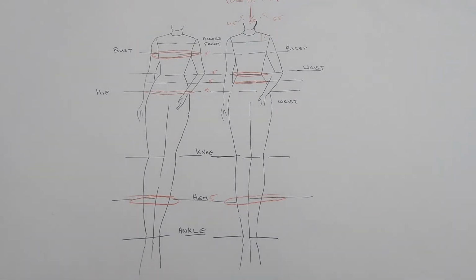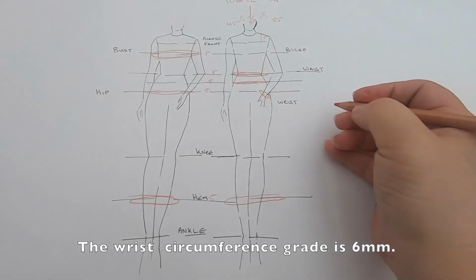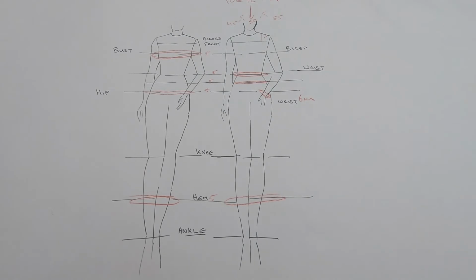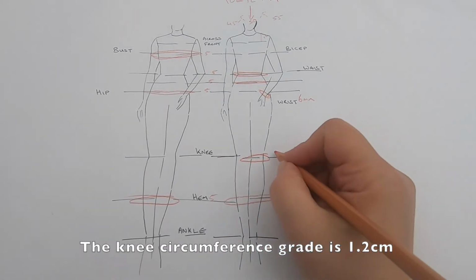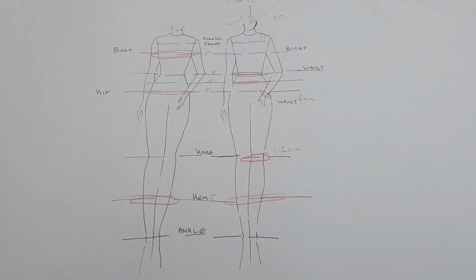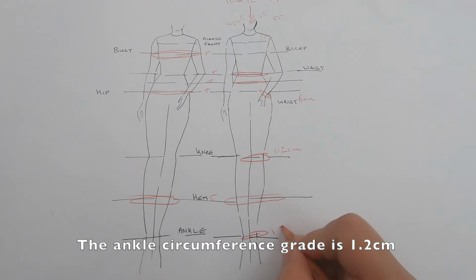For some smaller areas of grading, what we would have here for our wrist, for example, this would be a 6 millimetre circumference grade. Our knee would be a 1.2 centimetre circumference grade. Our ankle would be a 1.2 centimetre circumference grade.